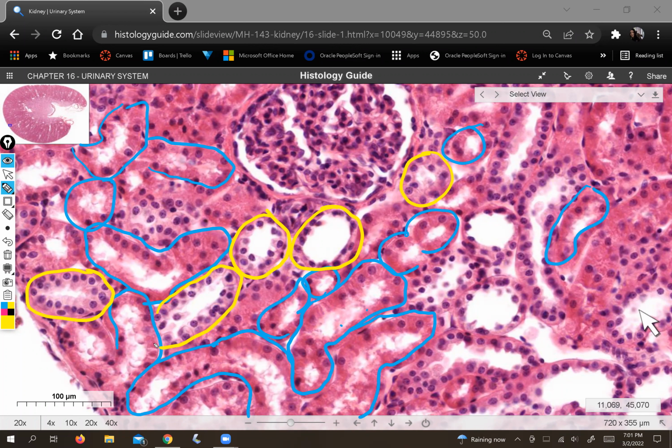Here's one. There's one. There's one. And this is one as well. So let's make ourselves a key.